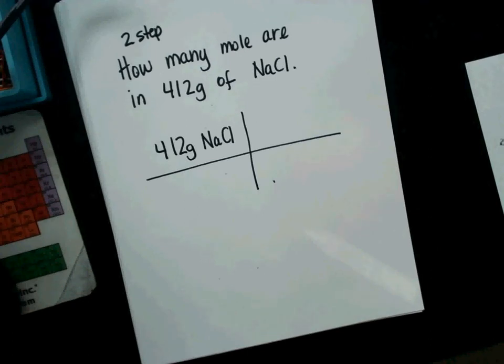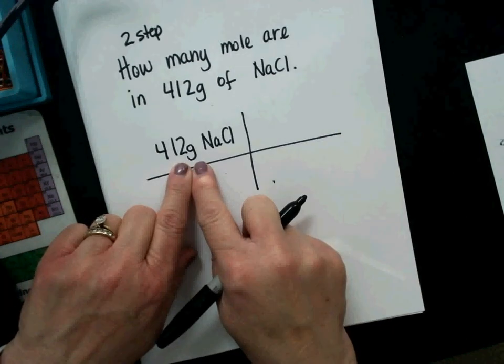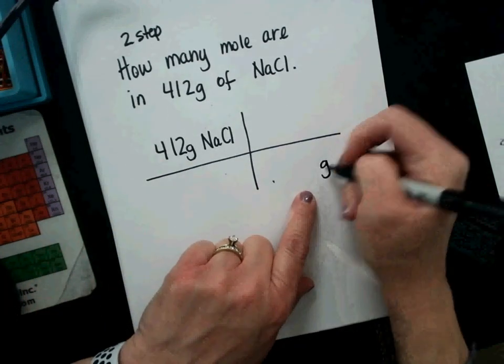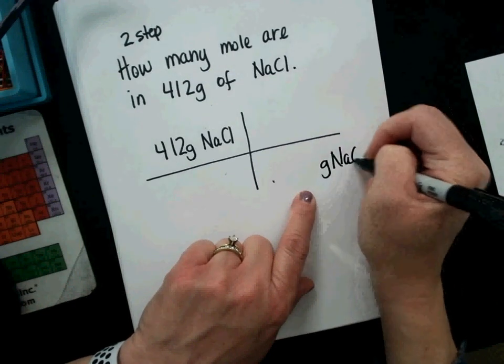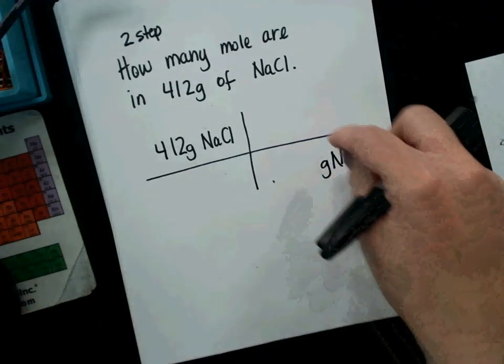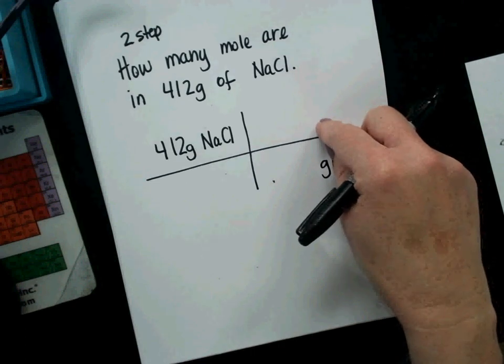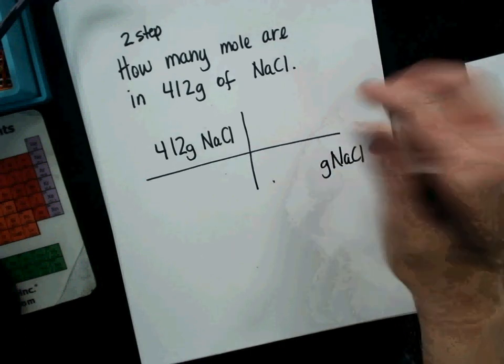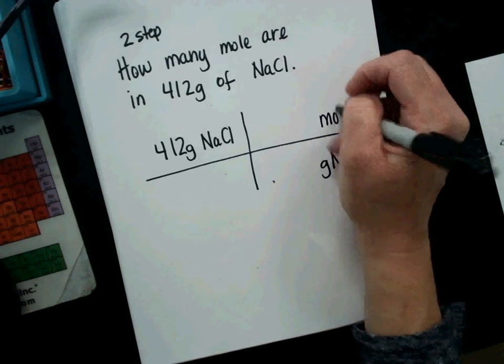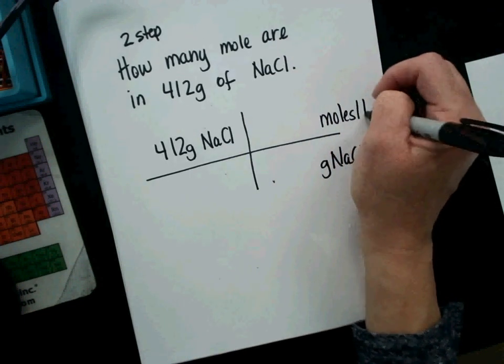Raise your hand if you need help setting it up. Okay, so let's talk about this. Grams are here, so I have to cancel out grams. So I have to put grams NaCl here. And what has to go in this top box? Where do I want my units to end up?